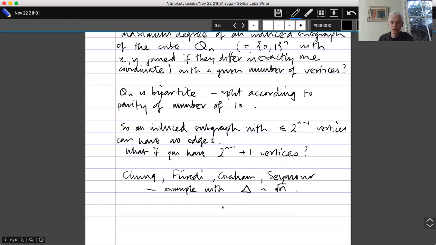And they also showed, this was their main result, delta is greater than or equal to something around log n. So I think it was something like log n minus log n plus 1.